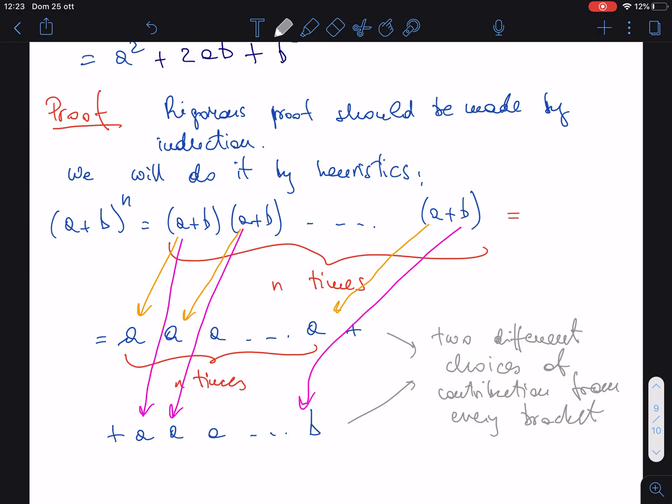Okay? And you can think of the bracket like a box. There are boxes, and from every box you choose for every term in the development one single element. And you are not allowed to perform the same choice for all boxes 2 times. Okay? Every choice counts just once.